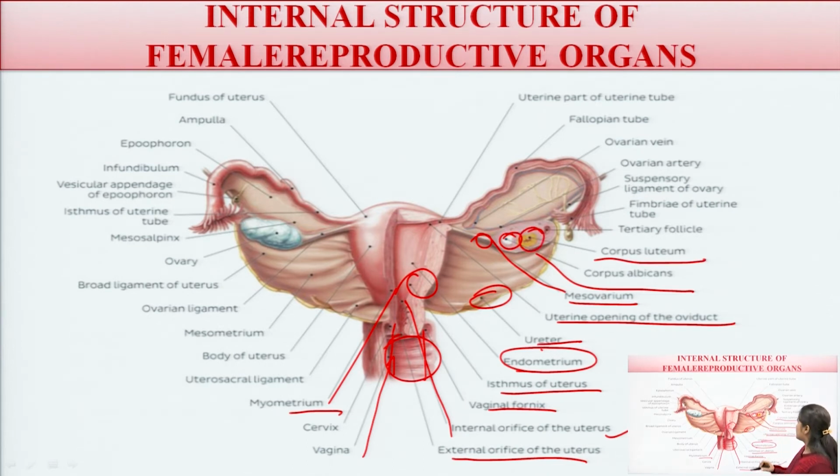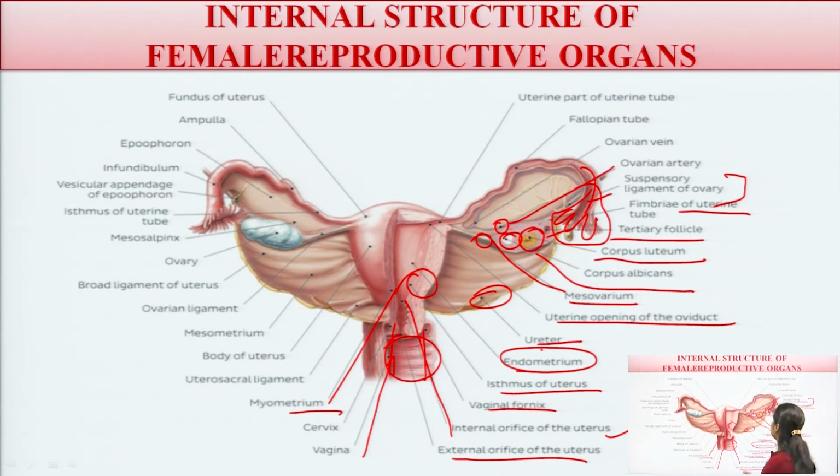This yellow part is the corpus luteum, and this is a tertiary follicle. This structure is known as the fimbriae of the uterine tube. This is the suspensory ligament of the ovary. This is the ovarian artery.